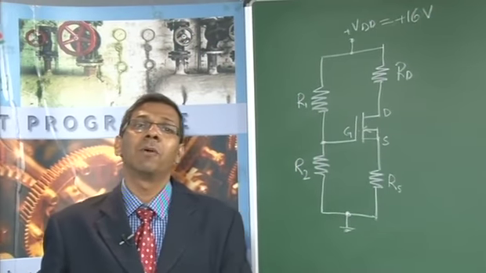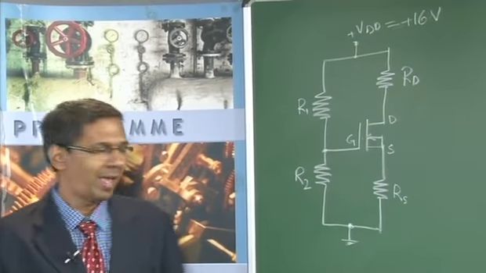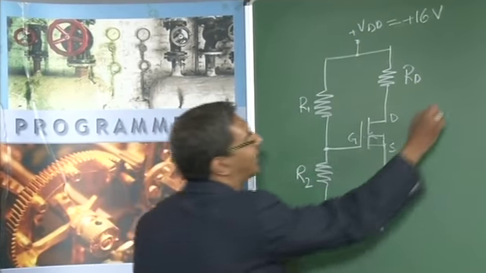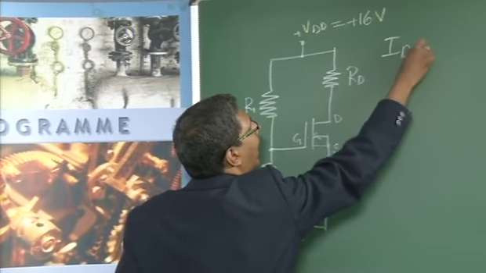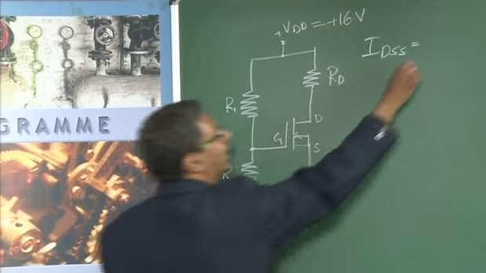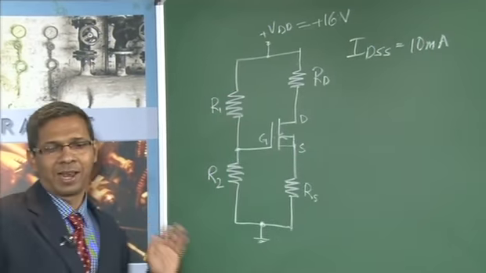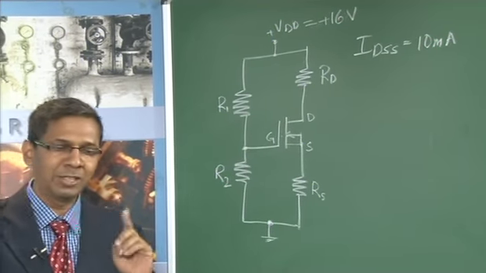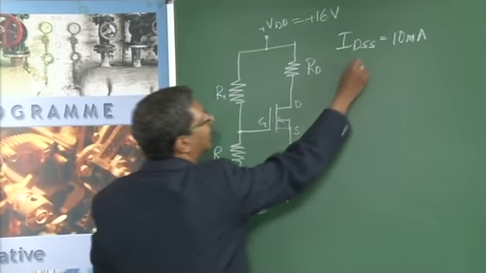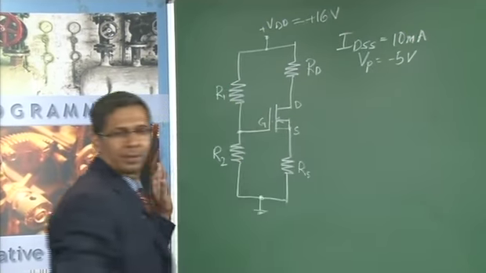Then they have given what we call the drain saturation current at VGS equal to 0, which is given by IDSS. IDSS is given to us, and the value of this IDSS is 10 milliamperes. So two data given. Next, they have given the pinch off voltage also. And the pinch off again has to be a negative voltage. VP is given as minus 5 volt.